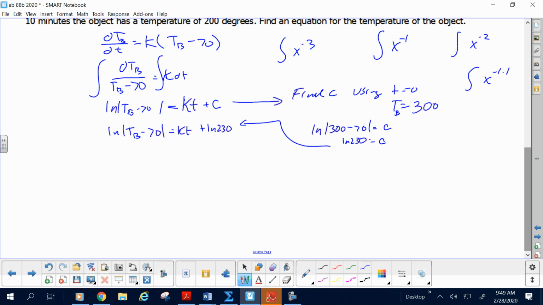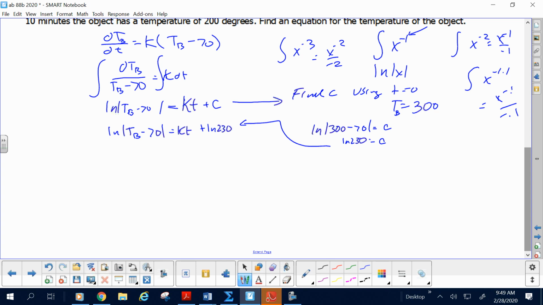But the only one that's actually a log is x to the negative 1. Anytime it's natural log, it has to be the fact that it is 1 over x to the first. If it is 1 over x to the first, it's natural log. Every other case, power rule. So this is x to the negative 2 over negative 2, or x to the negative 1 over negative 1, or x to the negative 0.1 over negative 0.8. Okay? So the exponent has to be 1, exactly nothing else. Good question, because I've seen that error a lot.